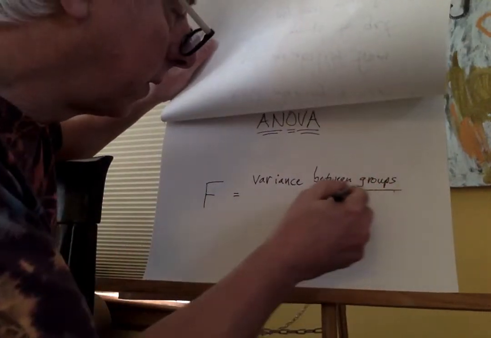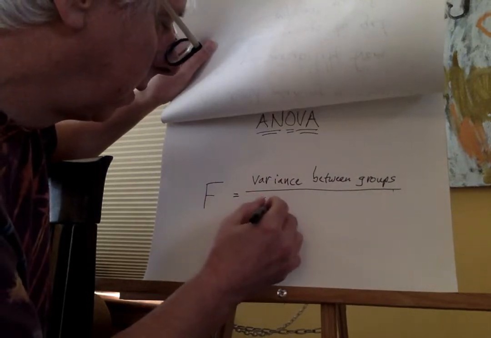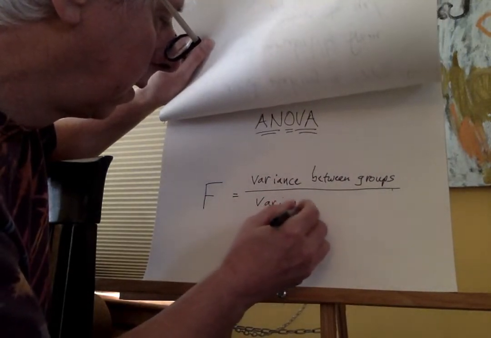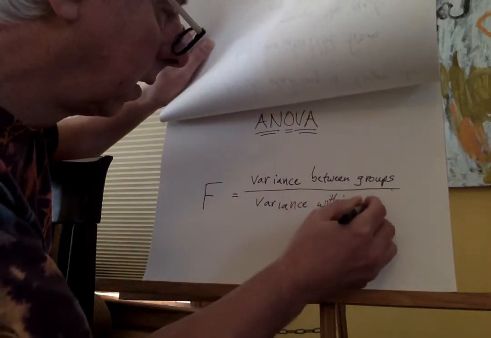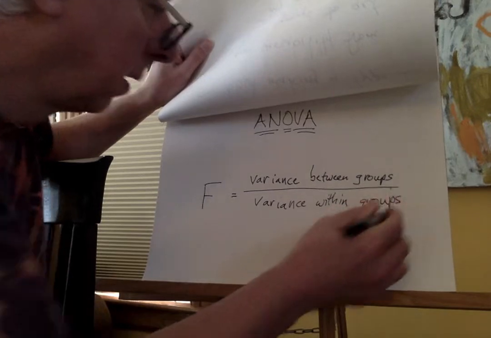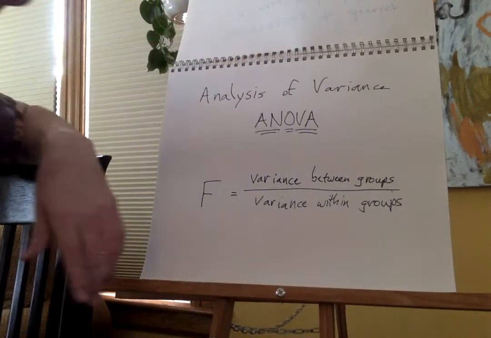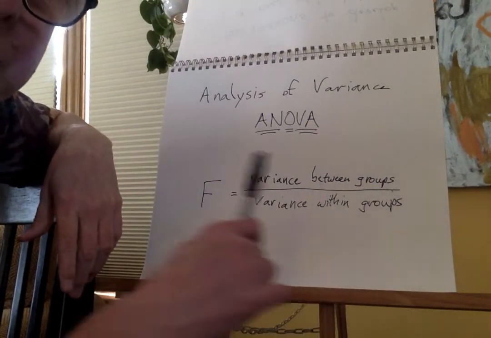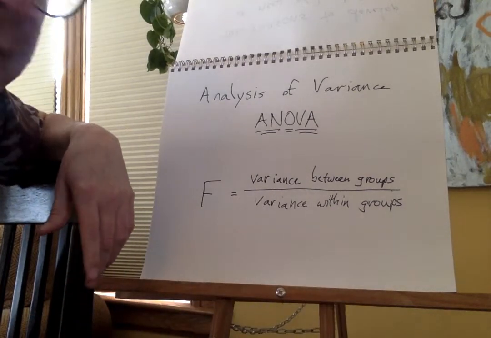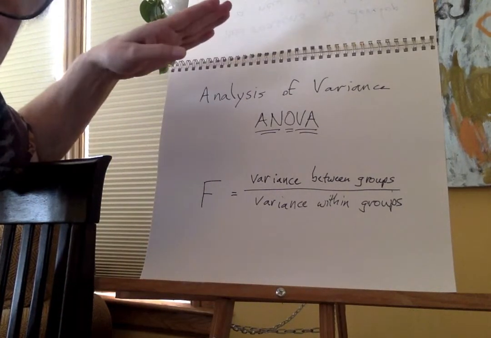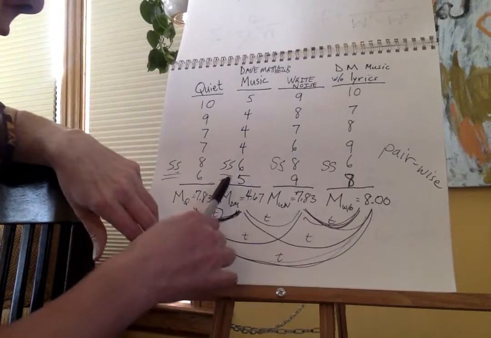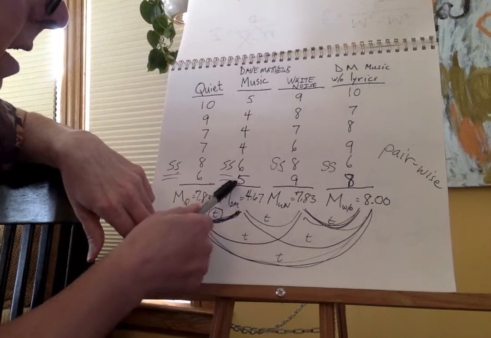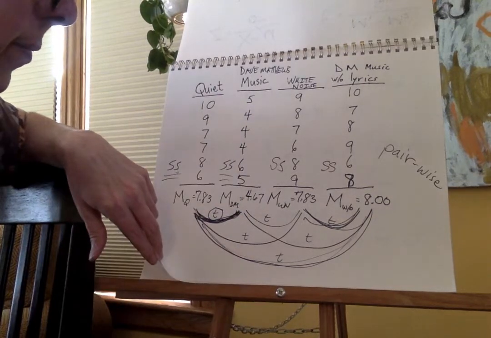So we're going to do this. It's a ratio. The variance between the groups compared to the variance within each group. What I'm asking is, if you're treated in exactly the same way, there are still people that differ.